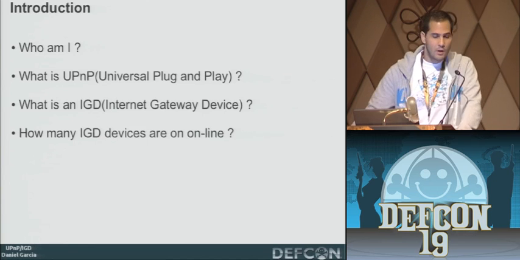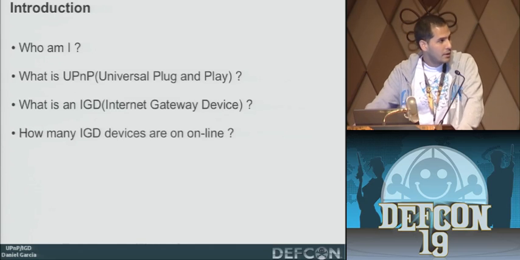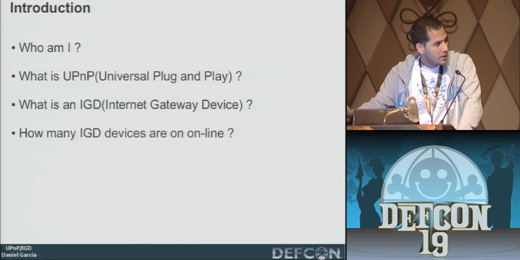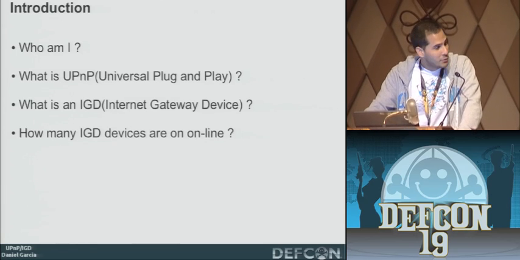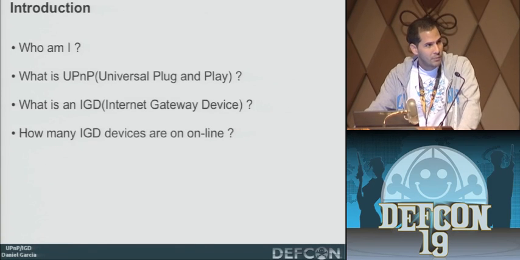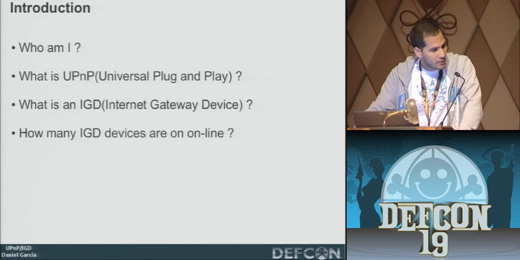So big question, and I've been working with Dan Kaminsky on this one: how many IGD devices are online? A shed load, I mean, it's amazing. We thought we would have a minority of the devices on the net, but I have personally seen 500,000 devices across different countries open and accepting UPnP requests.